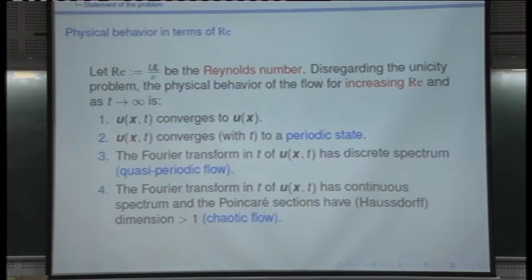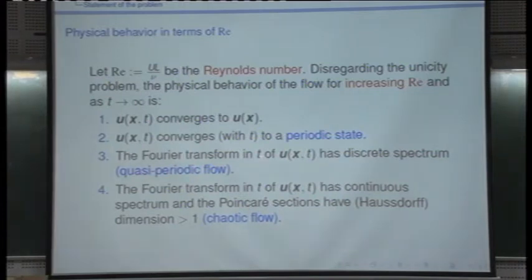Another possibility is that when the Reynolds number increases, the solution converges to a periodic state. That happens with Reynolds numbers larger than in stage 1, but not very large yet. The third stage is the one in which the solution converges to a quasi-periodic flow. What does a quasi-periodic flow mean?